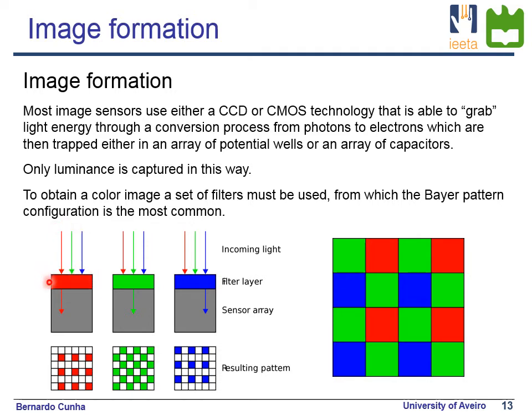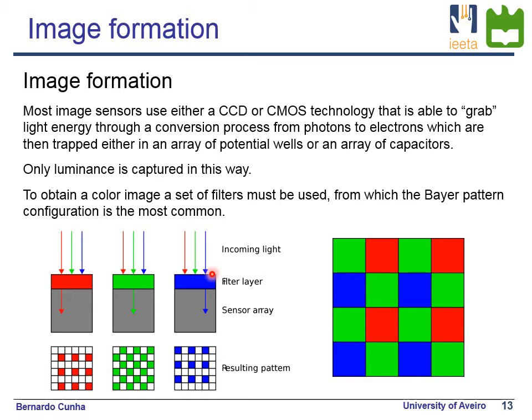But because of this red filter, only the red information will be trapped inside, and therefore this particular pixel will be used only for acquiring luminance in the red area of the spectrum. If you place a green filter in front of a pixel, then this particular pixel will only get information of luminance in the green area of the spectrum. And finally, if we put a blue filter in front of the pixel, you gather information of luminance only in the blue area of the spectrum.